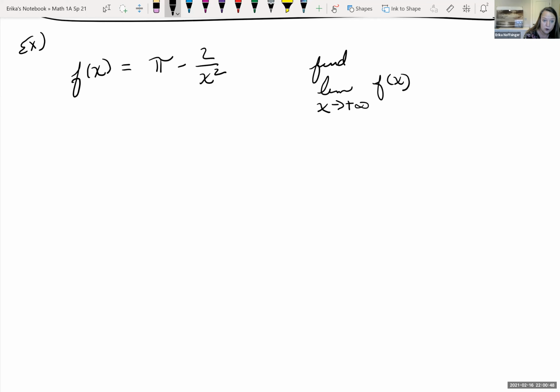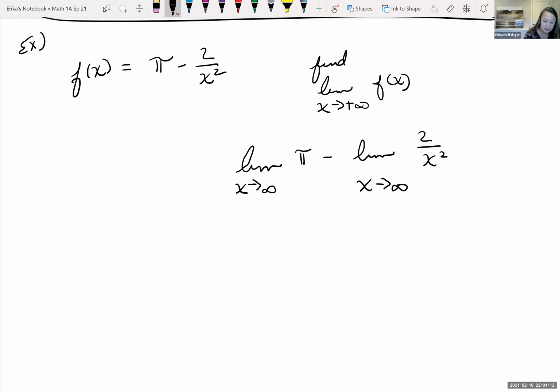Well, we can use our rules of limits here. Pi is just a constant. We can look at this as the limit of our constant minus the limit as x goes to infinity of 2 over x squared.